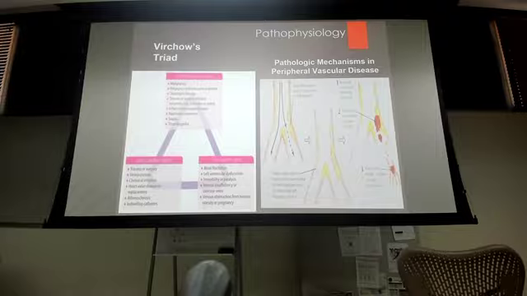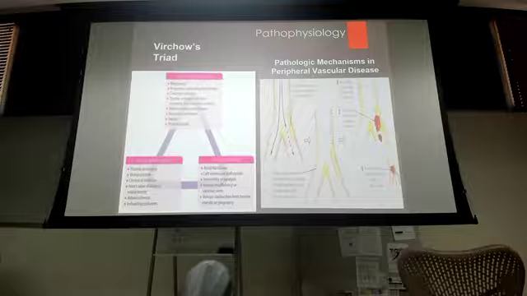The number two side of the house there is stasis of blood flow. So blood's not flowing, it's pooling like a pond, right? Or hypercoagulability, meaning that coagulation cascade is firing too much, and so we're making too many clots.